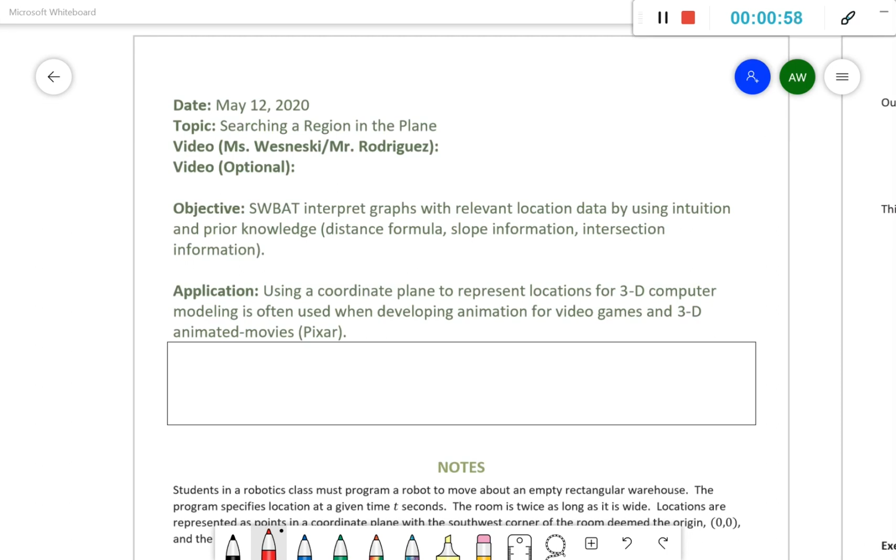One application of this type of work is using a coordinate plane to represent locations for 3D computer modeling, which is often used in developing animation for video games and 3D animated movies. One of the really unique ways that Pixar first did their animation, which made it so exciting, was with movies like Toy Story, Inside Out and Finding Nemo, when they were first coming out in the early 2000s.